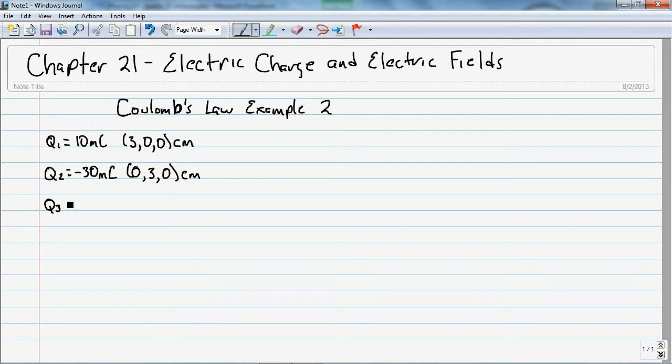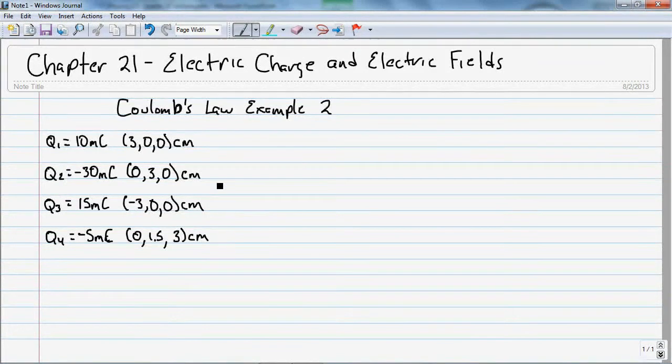Q3 is 15 millicoulombs, with coordinates negative 3, 0, 0. And Q4 is minus 5 millicoulombs, and its coordinates are 0, 1.5, 3.